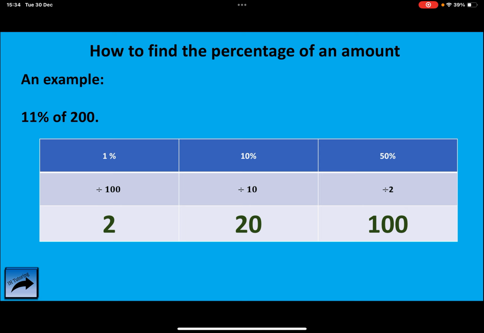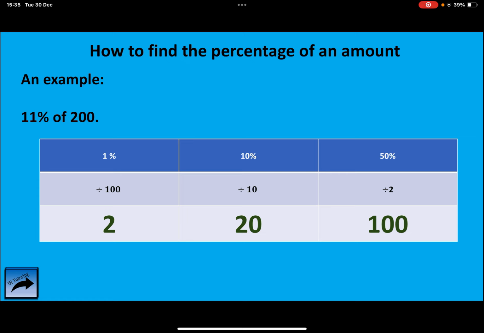So 1% is 2. You find 10% by dividing by 10. So 10% is 20. And you find 50% by dividing by 2. So 50% is 100.